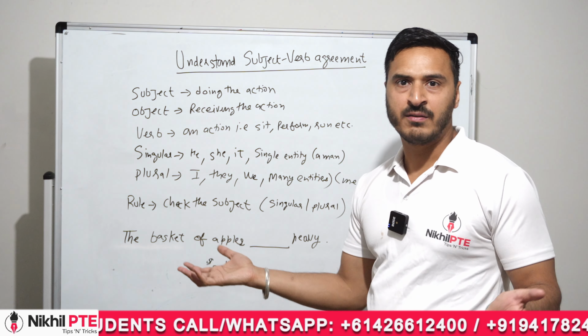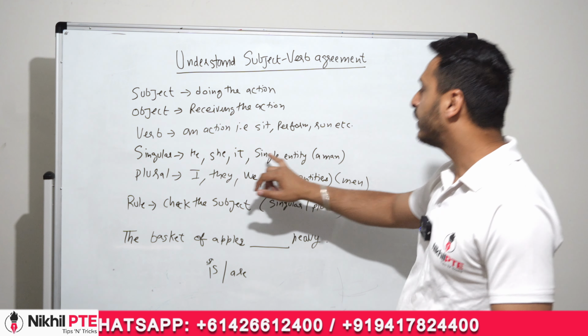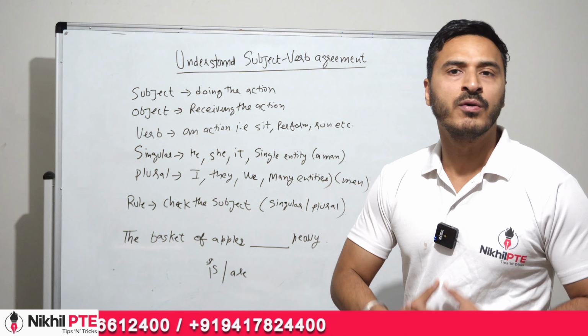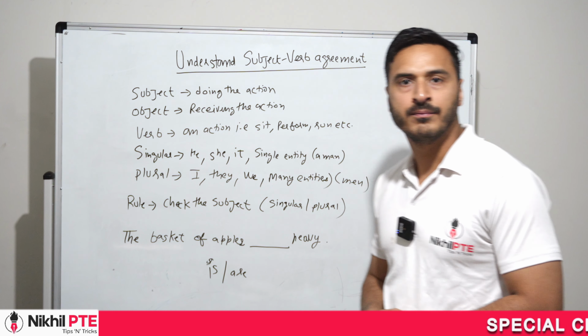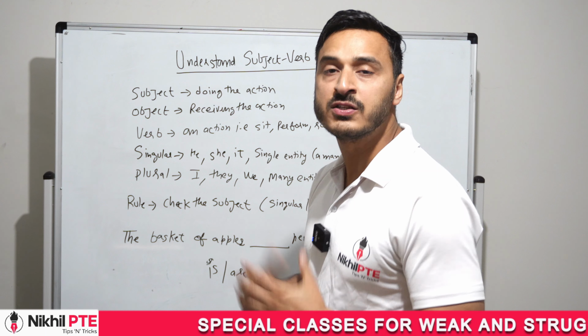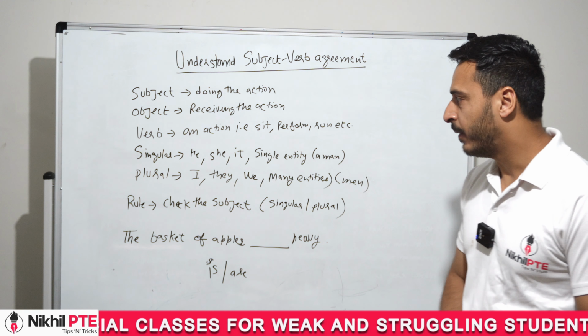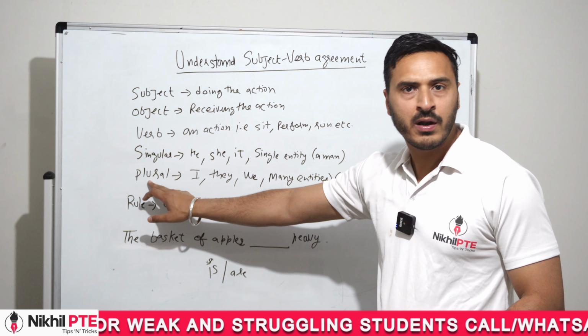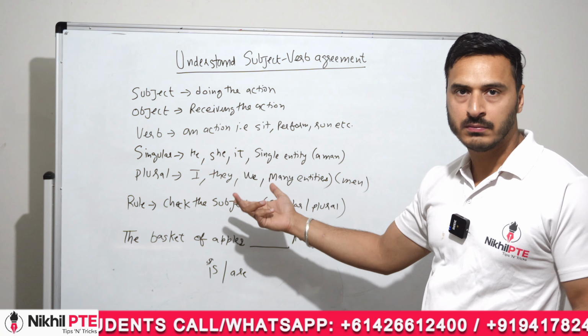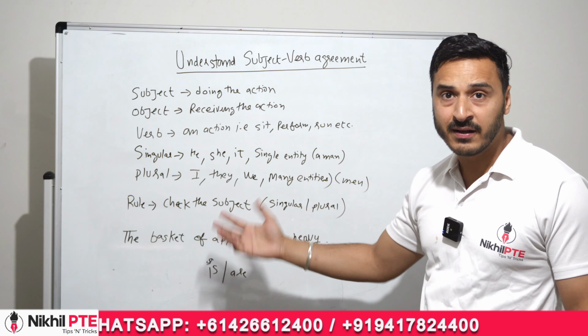Singular is very simple: he, she, it, or a single entity like a man, a boy, a girl. Any person's name is singular. A student. There are lots of examples. Talking about plural, which is very different from singular: plural means many.